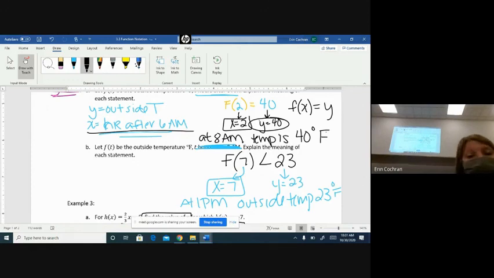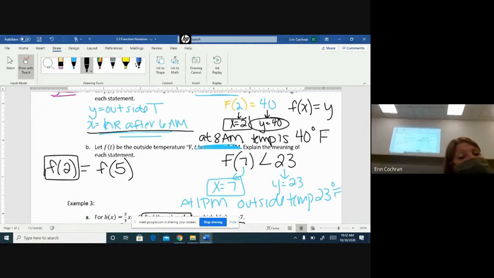Okay. What if I said f of 2 equals f of 5? So my temp at what hour? My x is 2, right? So what time would that be? At 8 a.m., the temp is going to equal the temp at what?